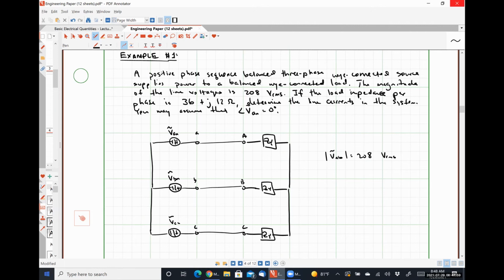So it really doesn't matter if I say it's the A phase, the B phase, or the C phase, if all I know about it is the magnitude. So what that means is that if I have a voltage VAB right here, measured between these transmission line terminals, I know what its magnitude is. I have no idea about its phase angle or anything like that.